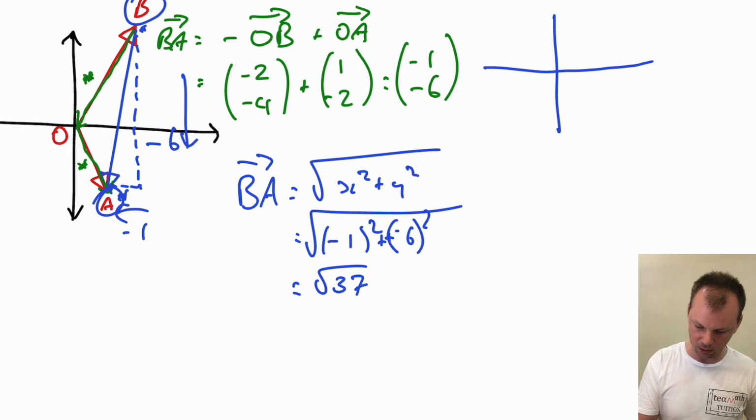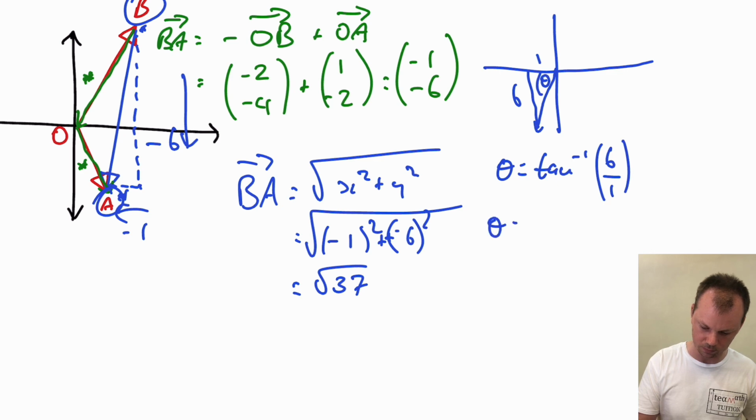We're -1 across and 6 down, so we're somewhere about this. 1, 6, we look at our acute angle first. Theta, inverse tan of opposite on adjacent. We get a theta of inverse tan 6, 80.53.